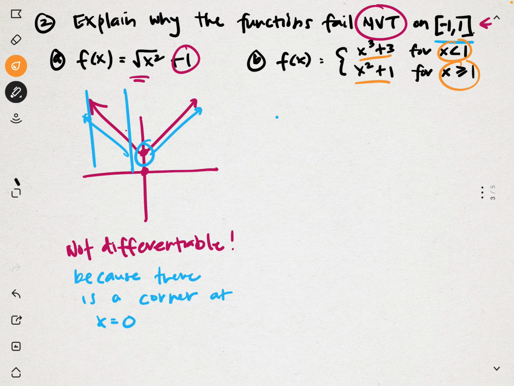Over the interval, we just need to check where x is equal to 1, because that's where they meet up, so there could be a discontinuity there. We plug in 1: 1 plus 3, which is 4. Then we do the same for the second part of our function, 1 squared plus 1, which is 2. Notice that these don't match up. Therefore, this is not continuous.